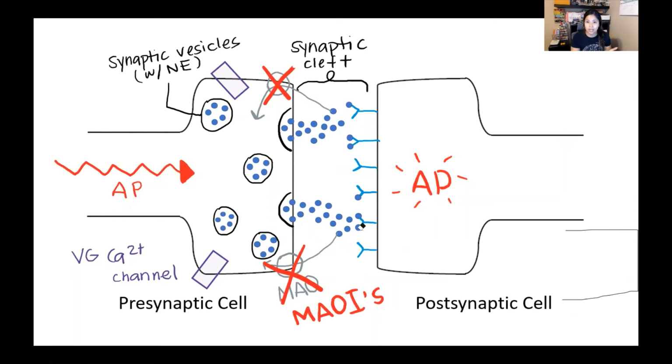Well, people with depression already don't have enough norepinephrine in the synaptic cleft, or their norepinephrine isn't binding long enough to cause enough local depolarizations to get an action potential sent. So people with clinical depression are prescribed monoamine oxidase inhibitors, or MAOIs, that stop the reuptake at these proteins so that more norepinephrine stays in the synaptic cleft. So hopefully this norepinephrine causes more local depolarizations and leads to more action potentials that will uplift that person's mood.